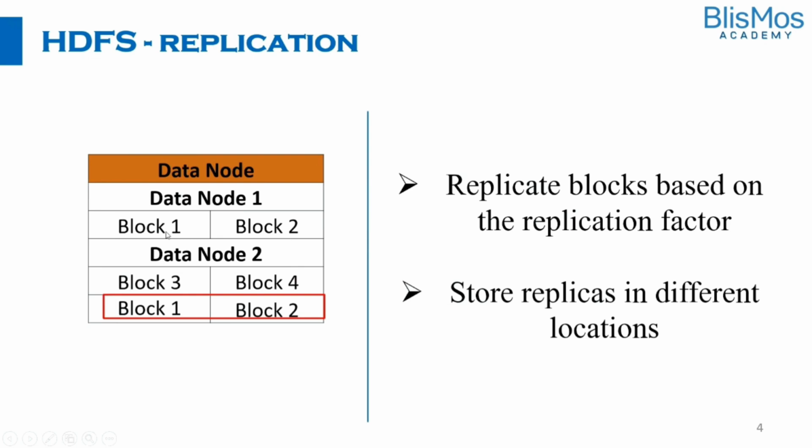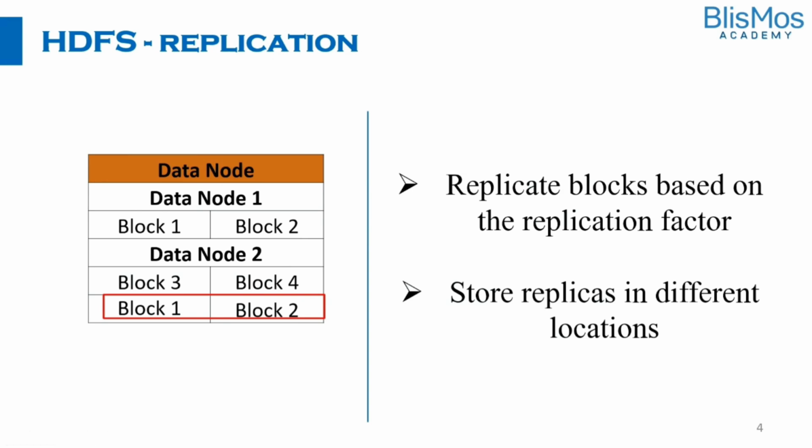If we store block 1 and block 2 only in data node 1, then it is stored only once. Instead, if we also store the data in another data node, that is called the data being replicated. We are making a copy of it. In case this gets lost, at least we have this particular copy.